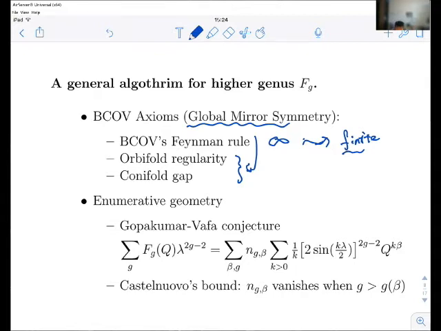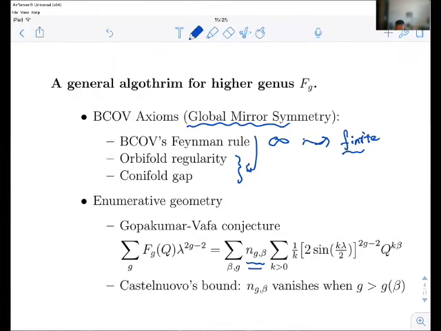And from the A model part, they use what we call the Gopakumar-Vafa conjecture, which is related to what we have talked about, the classical enumerative geometry. As I have mentioned, when the genus and the degree are small, these small n_g,d are exactly the classical enumerative invariants.